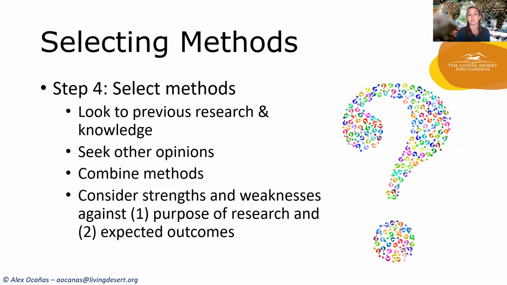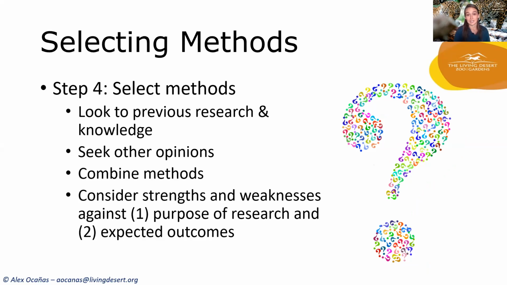So here again, you want to look to previous research, what has been done, what worked well, what didn't work well. And then again, find some useful ways to combine different methods, different qualitative and quantitative data.